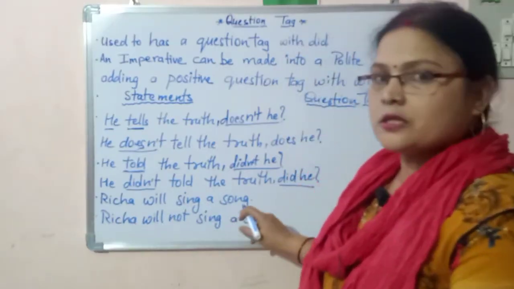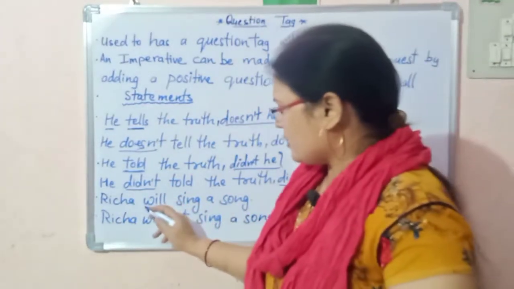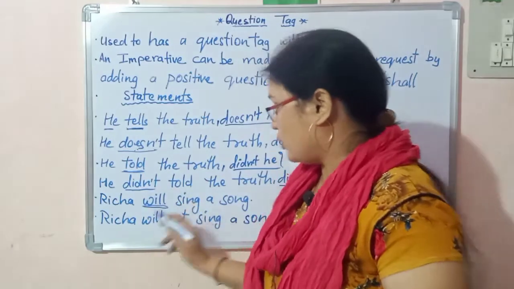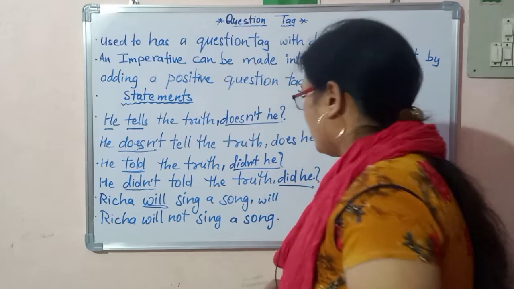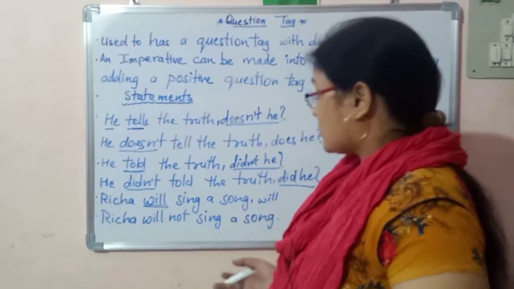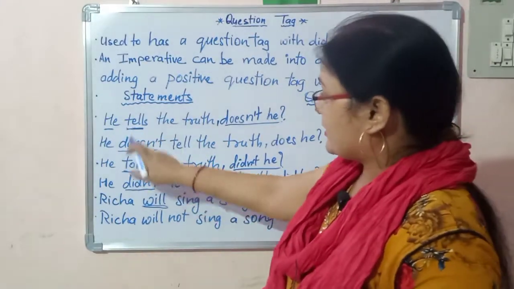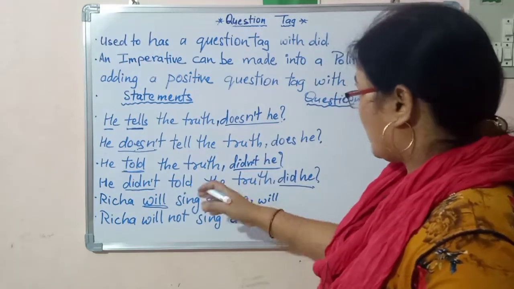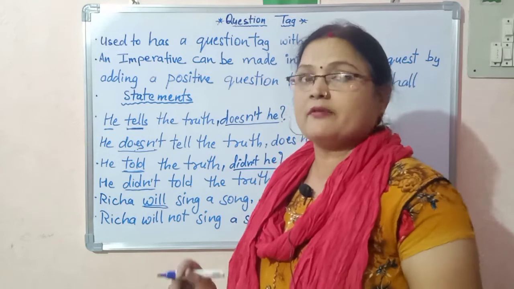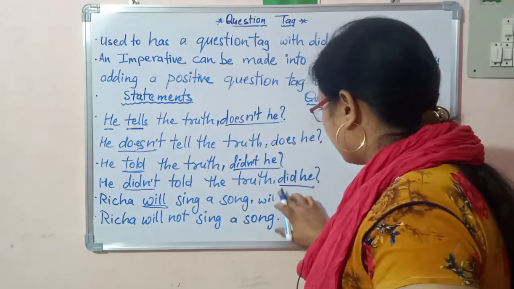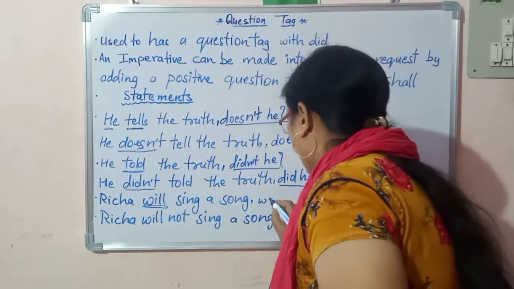Richa will sing a song, statement positive, helping verb there, will. So this will we write here. Now as simply you are writing doesn't or don't, didn't, like that we use there, but willn't we cannot use. So what is the conjugated form of it? Won't.